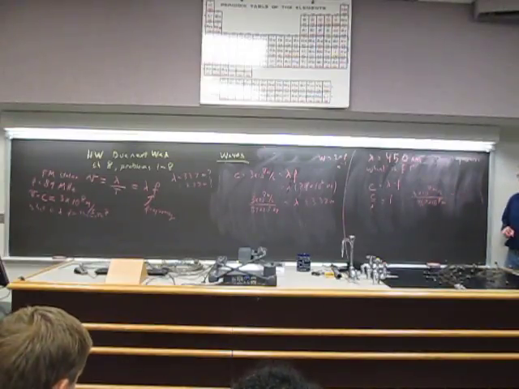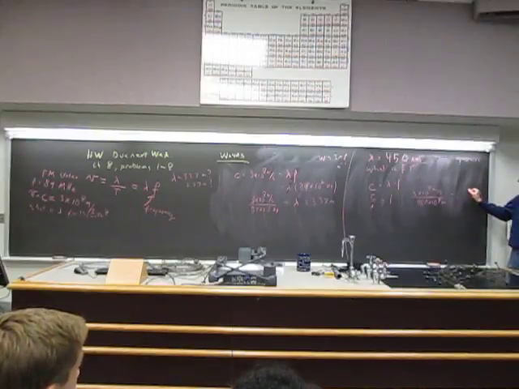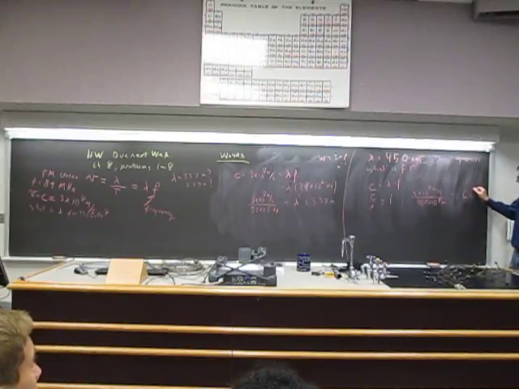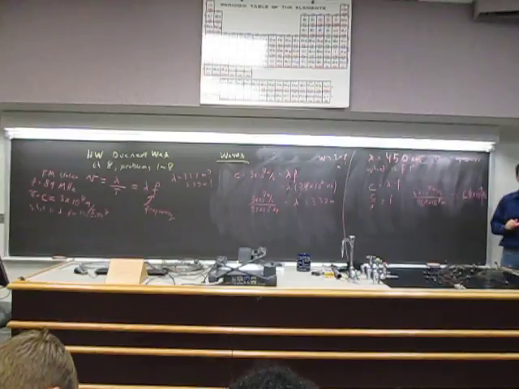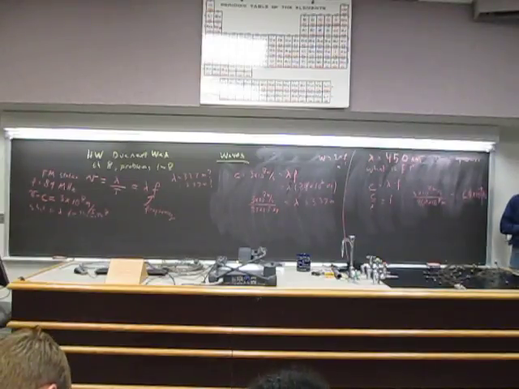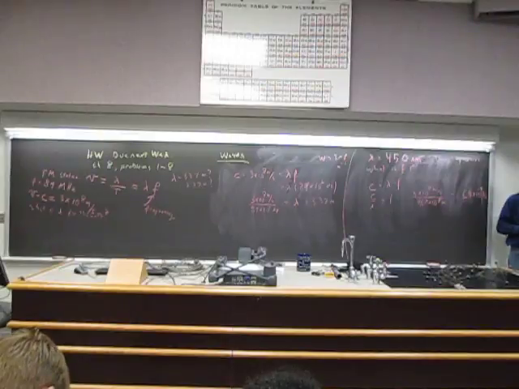When you plug that in, you get about 6.7 times 10 to the 14 hertz. So visible light is usually on the order of about 10 to the 15 hertz, just so you know.